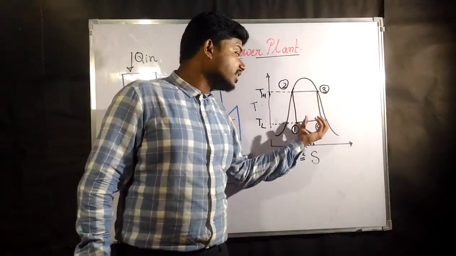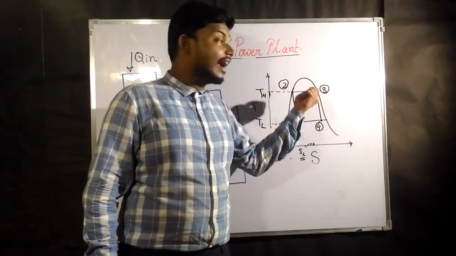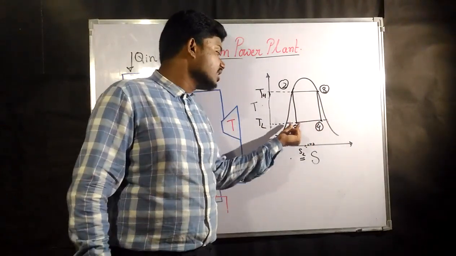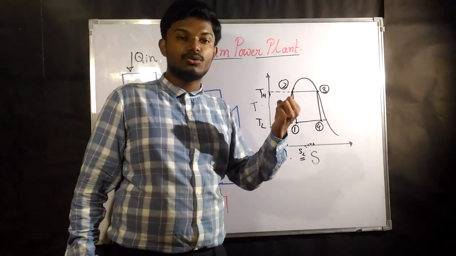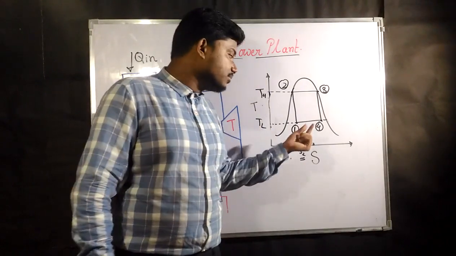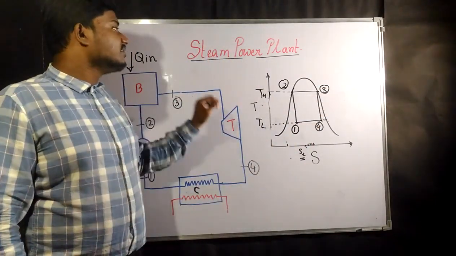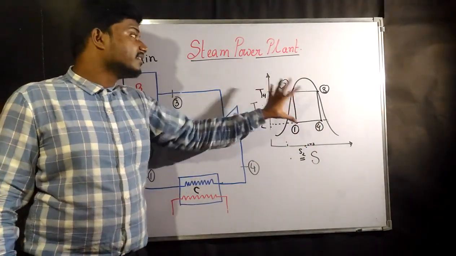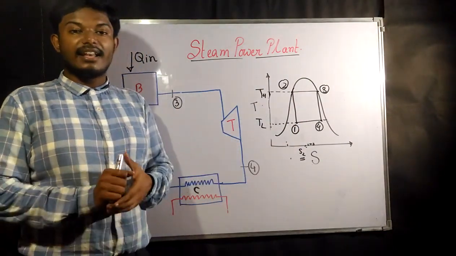That means the product coming out of the turbine in a Carnot steam power plant is going to be a mixture of liquid and vapor, and in the condenser some of the steam is going to get converted into liquid. It will reach point 1 again, and in this way the Carnot cycle is going to work. This is the representation of the Carnot steam power plant in the TS diagram.